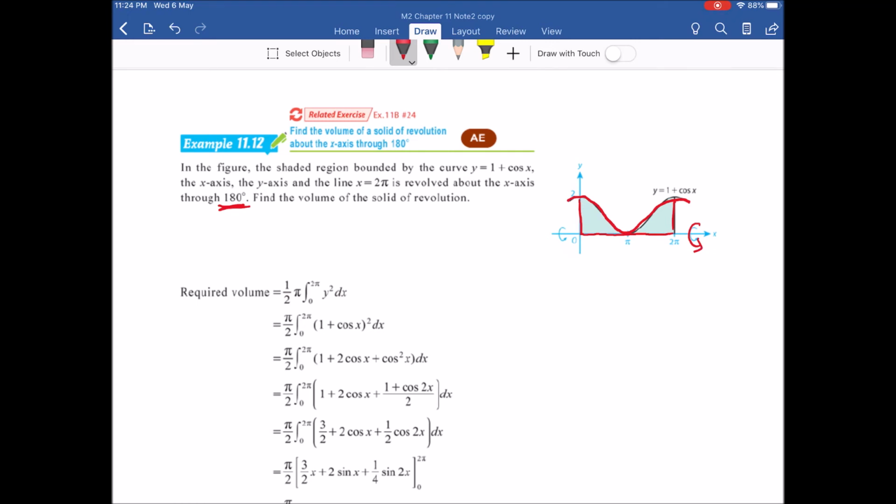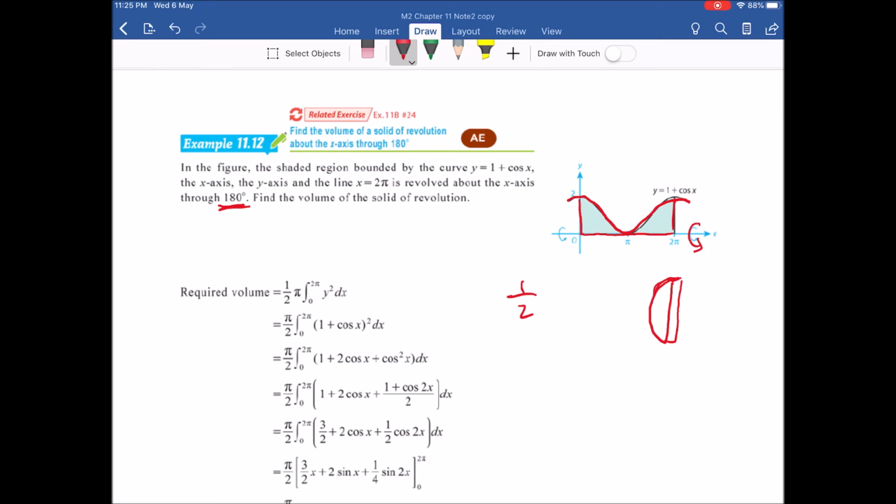That is, rotate only half. So the volume should be half of this. Right, this is it, right?